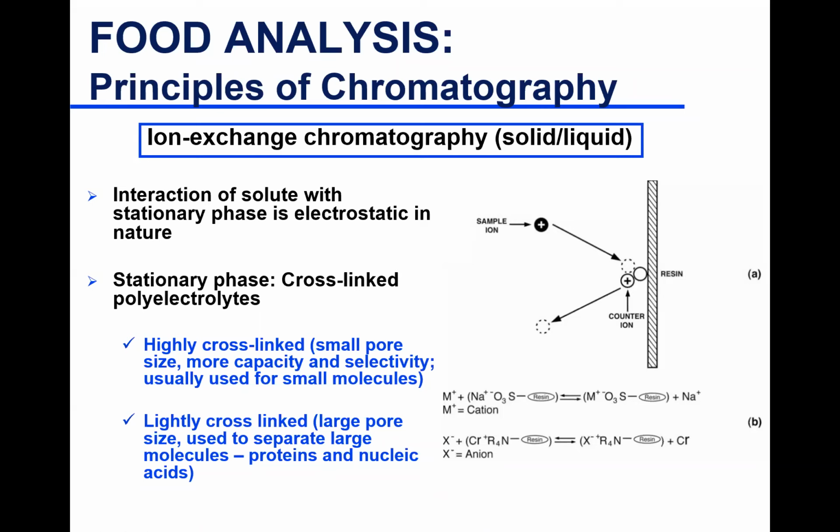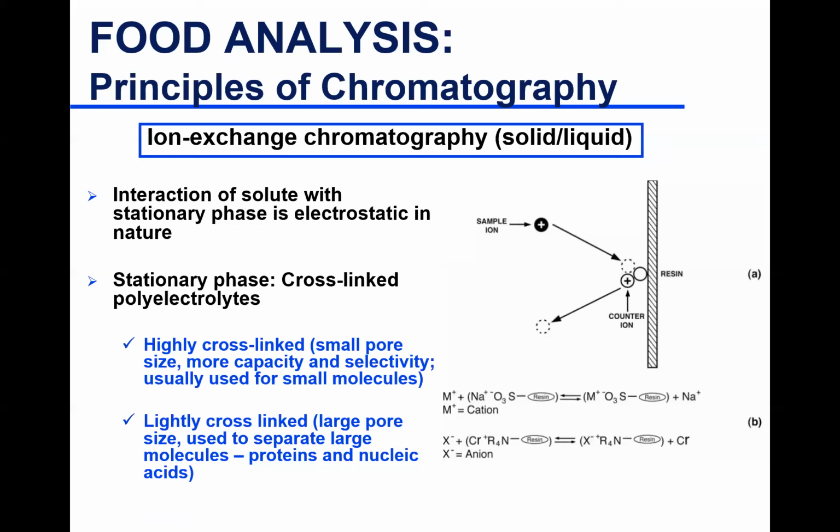Then the interaction is electrostatic. Positive is being attracted by the negative ions on your stationary phase. So your resin can be highly cross-linked. This would make it have small pores, and usually you have more capacity when you have small pores.